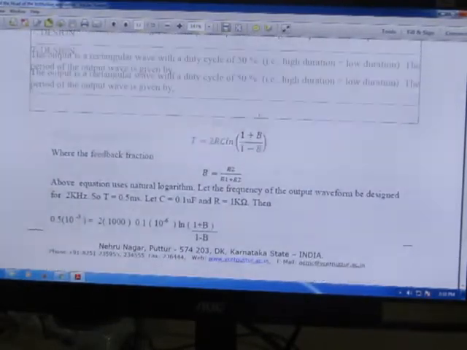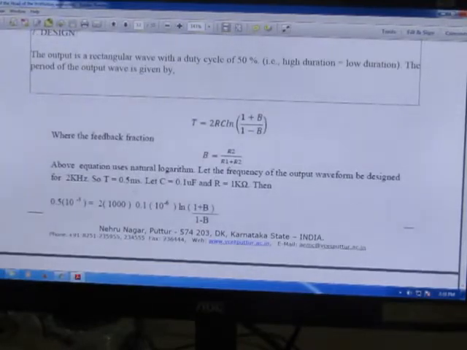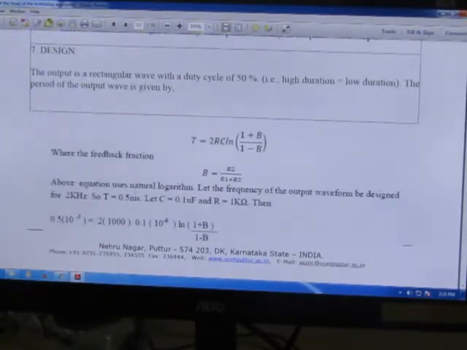And I hope in your theoretical part you have gone through these equations. For the relaxation oscillator, we are going to use the equation T equals 2RC into the natural logarithm of (1 plus B) divided by (1 minus B), where B is the feedback fraction, R2 divided by R1 plus R2.